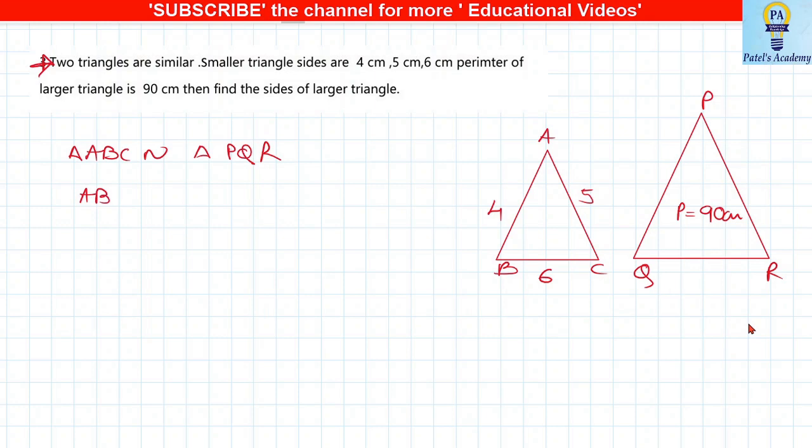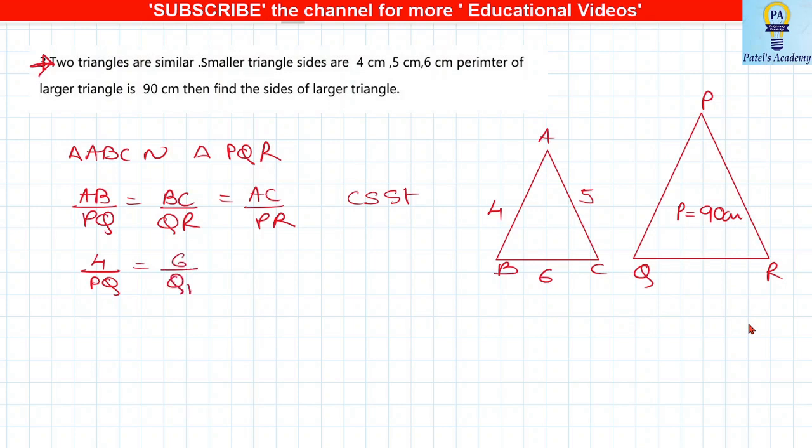So AB upon PQ equals BC upon QR equals AC upon PR, corresponding sides of similar triangles. Now AB is 4, PQ we don't know, BC is 6, QR we don't know, AC is 5, and PR we don't know.